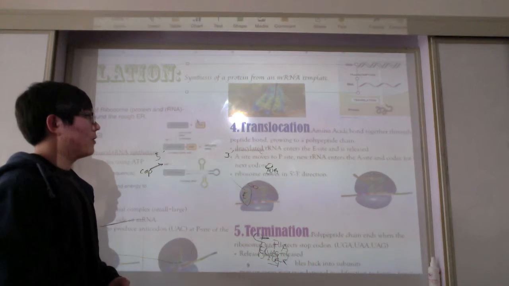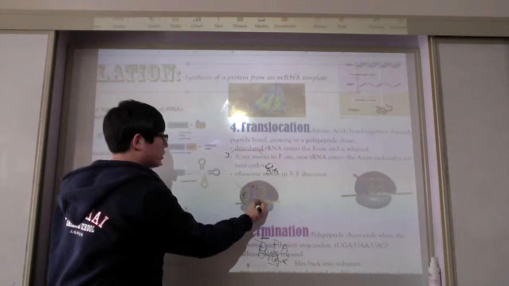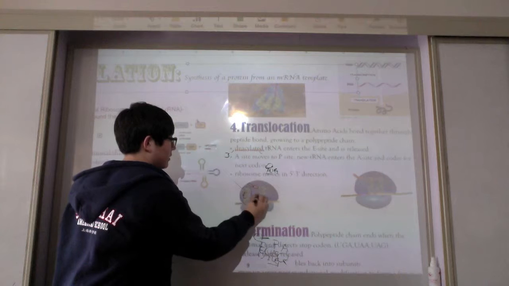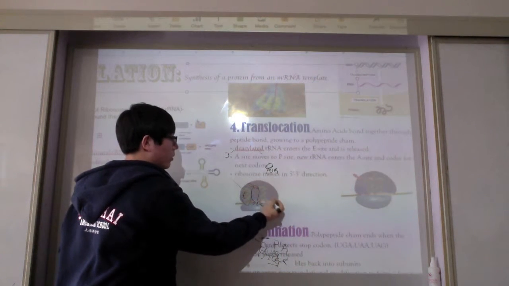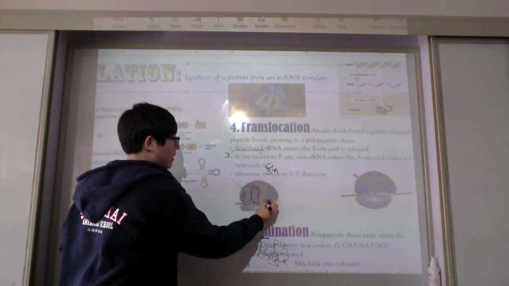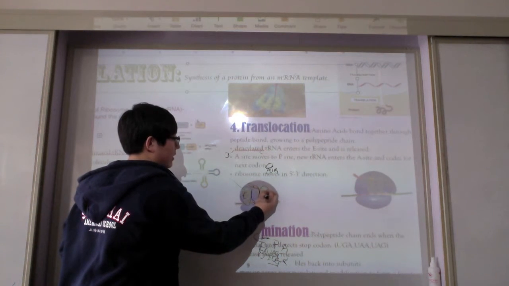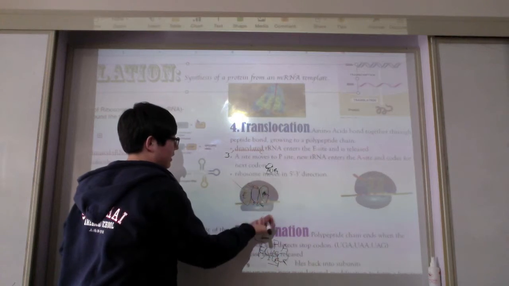So the AUG codon starts at the P site. Then the following consequent codons of the mRNA bind at the A site, and this is the P site.